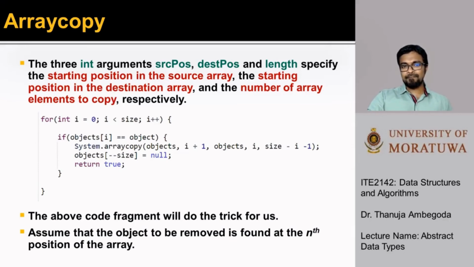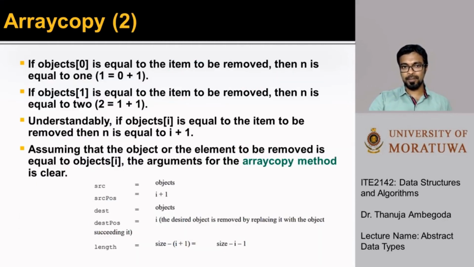So if an object to be removed is found at the nth position of the array, what is this value, and how does it correspond to the argument that specifies the index of the array? Let's talk about it very briefly.